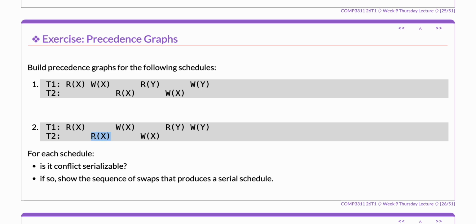So Rx in T2 precedes Wx in T1, and this is a conflicting operation, and we need to add an edge from T2 to T1. So there's an edge from T1 to T2, and then an edge from T2 to T1, which means that there's a cycle, which means that the second schedule is not conflict serializable.